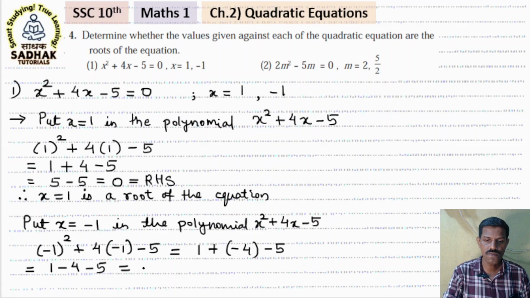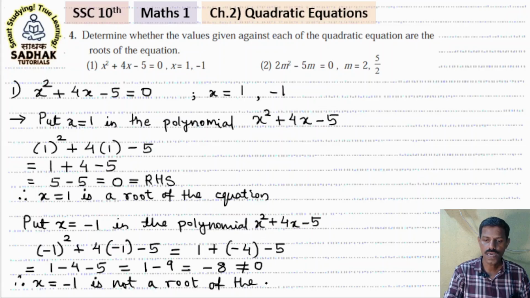Now this we can simplify as 1 minus 9, and then that 1 minus 9 will give us minus 8, which is not equal to the right hand side, that is 0. So therefore we will write x is equal to minus 1 is not a root of the given equation.